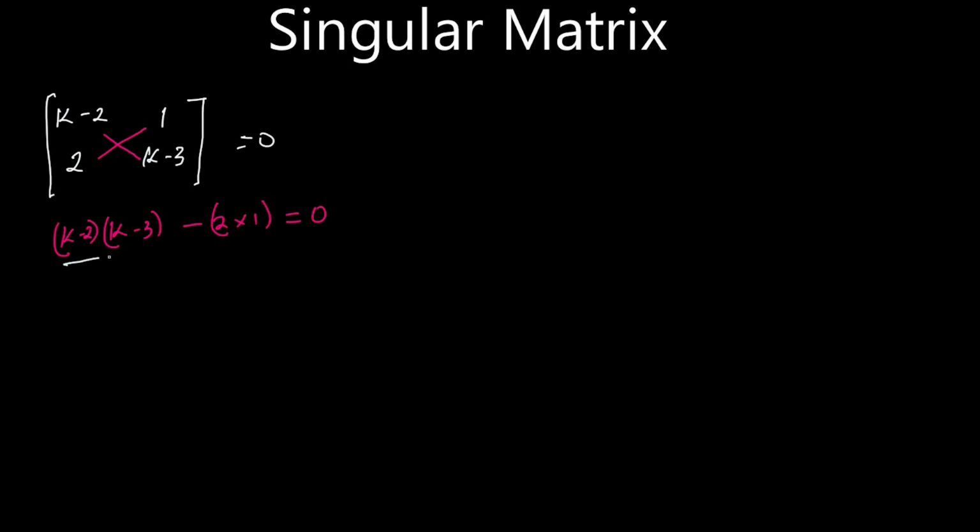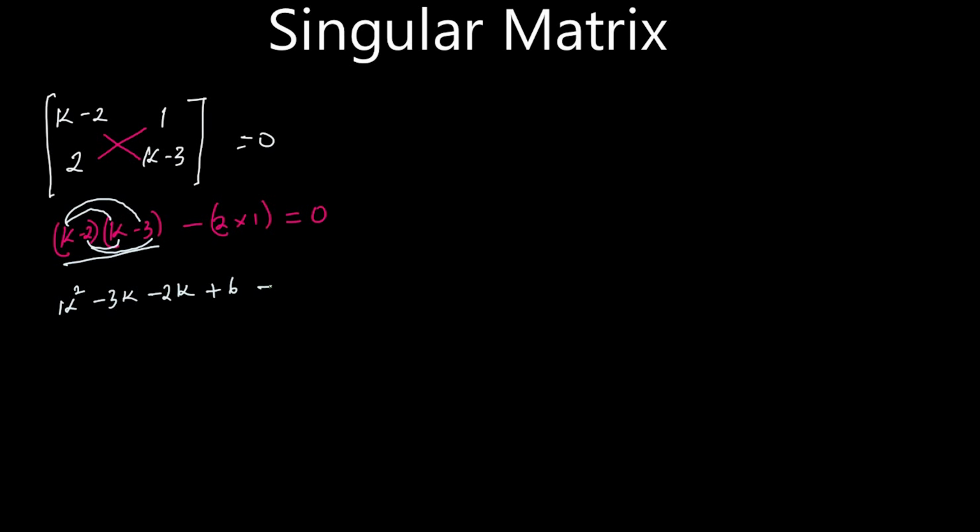When we evaluate k minus 2 multiplied by k minus 3, k times k gives us k squared. Then k times minus 3 gives us minus 3k. Then minus 2 times k gives us minus 2k. And minus 2 times minus 3 gives us plus 6.